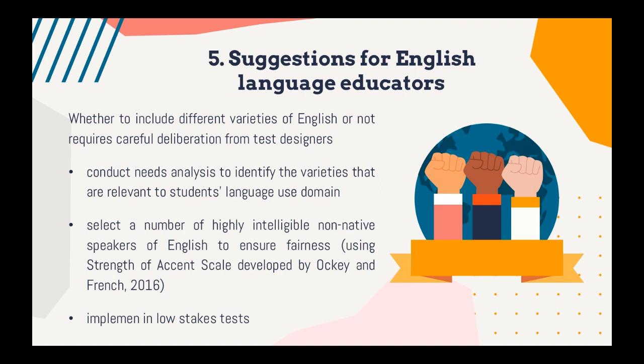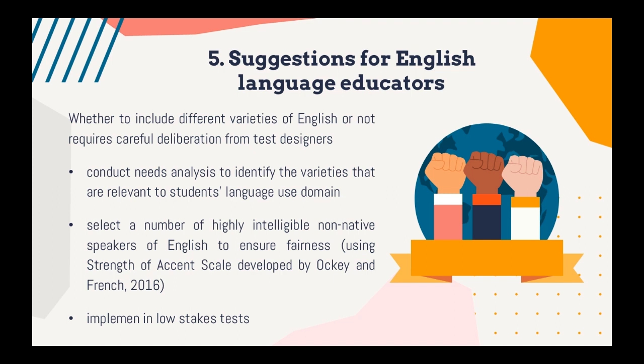After that, when designing the test items, test developers need to select a number of highly intelligible non-native speakers of English to ensure fairness. A measure such as the strength of accent scale developed by Oki and French 2016 should be used in the process of selection.